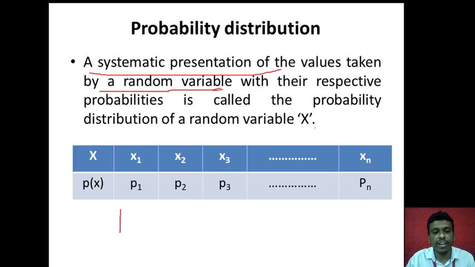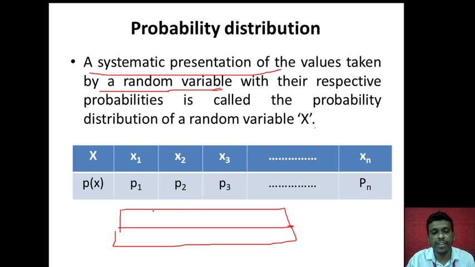Suppose x is the number of heads. When you toss 2 coins, the number of heads possible is 0, 1, 2. So what is the probability of x?